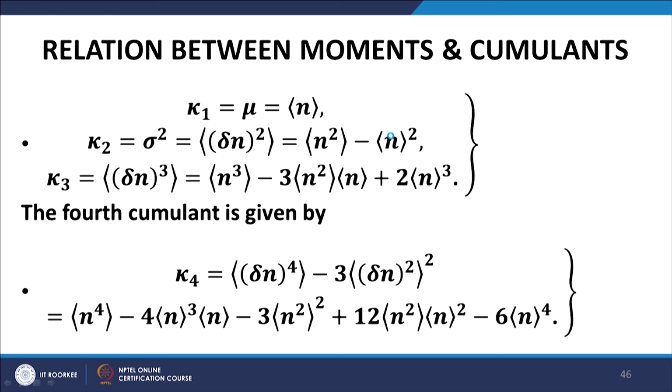Recall that we very frequently migrate between the ordinary Green functions and the connected Green functions, or the connected diagrams and the ordinary Green functions. So, this provides a reference for the migration between the moments and the cumulants. As you can see here, the first cumulant is nothing but the mean, the second cumulant is the variance, the third cumulant is the skewness, and the fourth cumulant is the kurtosis.